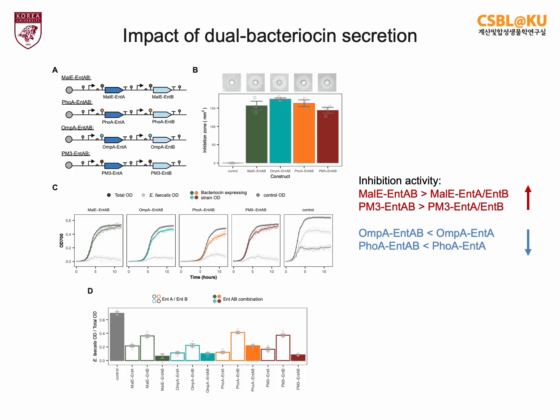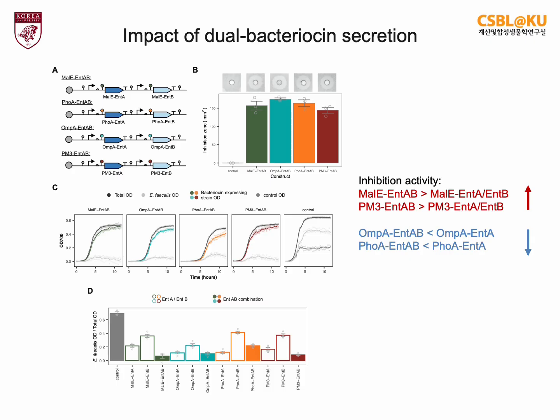However, co-expressing Ant A and B with the secretion tags OMPA and 4A did not improve on the activity shown by the single bacteriocin Ant A with tag OMPA and 4A in co-culture.